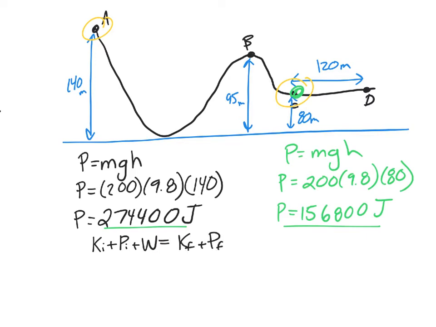So our kinetic energy initially, well, the roller coaster was at rest, plus our initial potential energy, 274,400, plus work. Would there be work? Well, there's no jetpack on the roller coaster. There's not talking about any engines, and they specifically said there's no friction and there's no air resistance. So in this situation, you could say work is 0, equals our K final, which is what we're looking for, that's our whole goal here, plus our potential final, 156,800 joules.